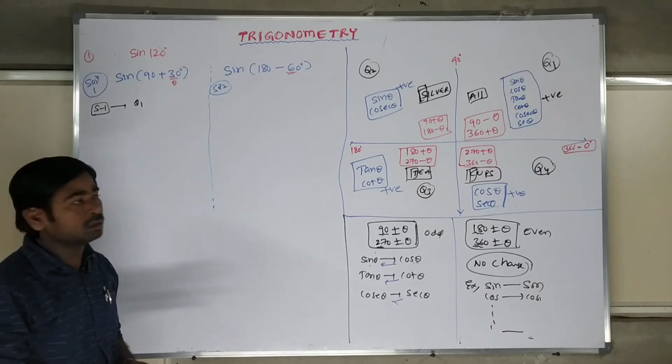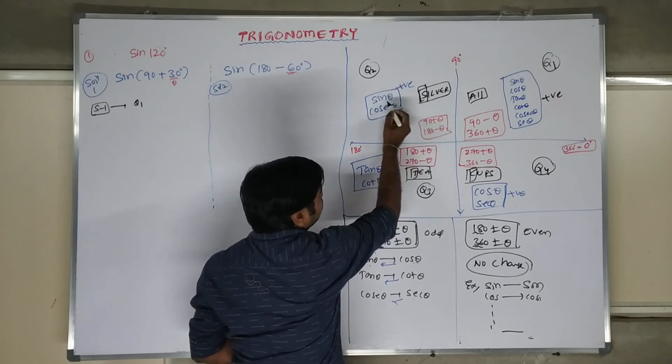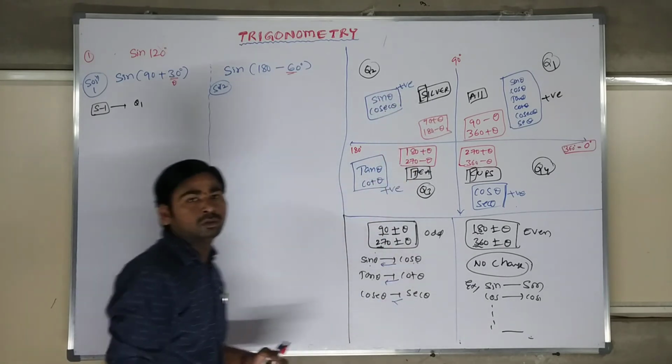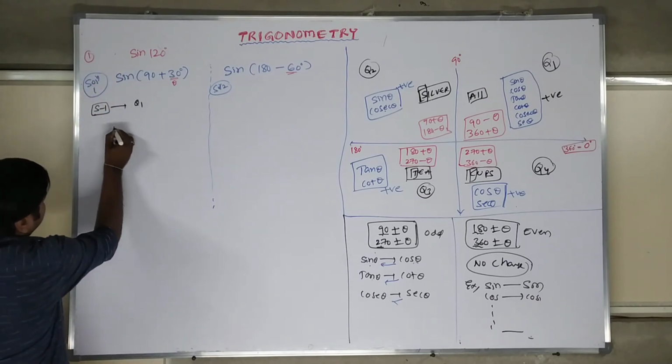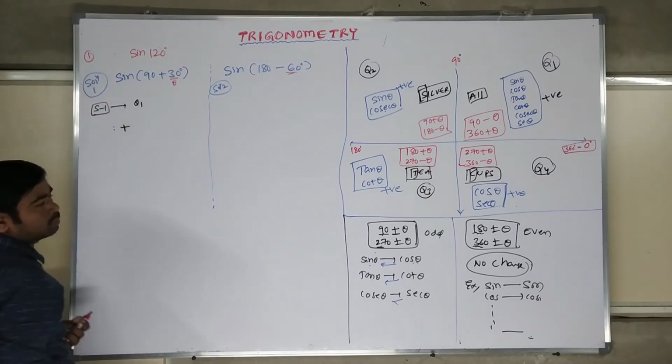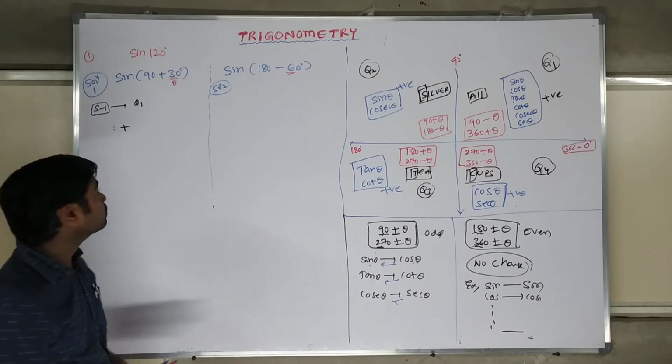In quadrant number 1, what do you have? Sin theta. Is it positive or not? In quadrant number 1, all are positive. So our value is sin and it is positive. So the answer before is positive. That is the case number 1.